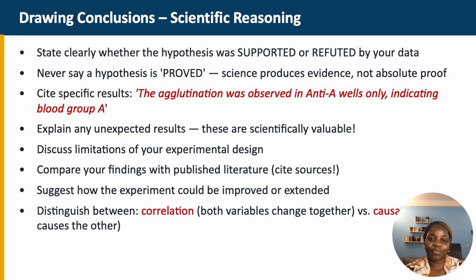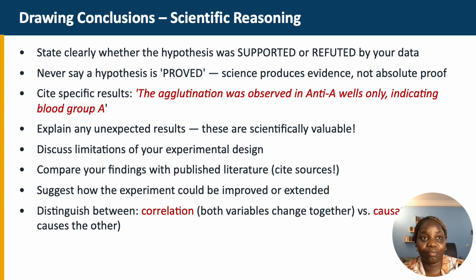Be site specific in your result. For example: the agglutination was observed in anti-A wells only, indicating blood group A. Explain any unexpected result. Is it an experimental limitation? Is it the implication of another source of pathogen that you didn't mention?